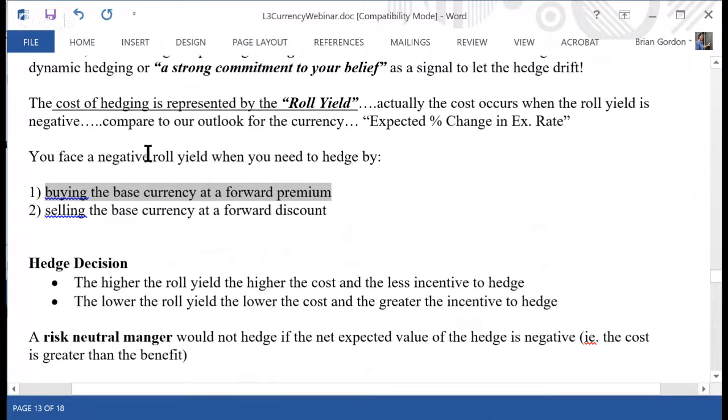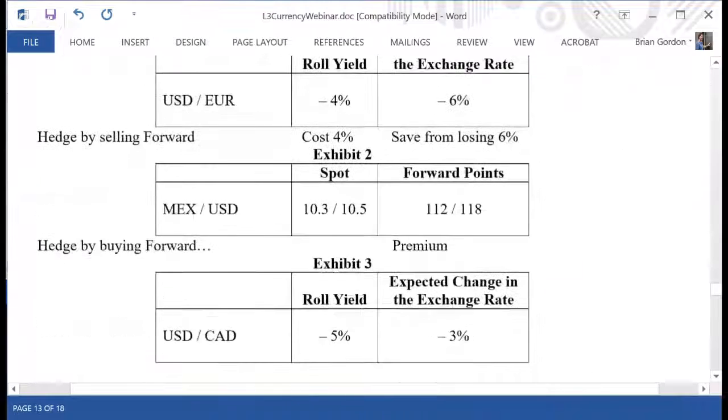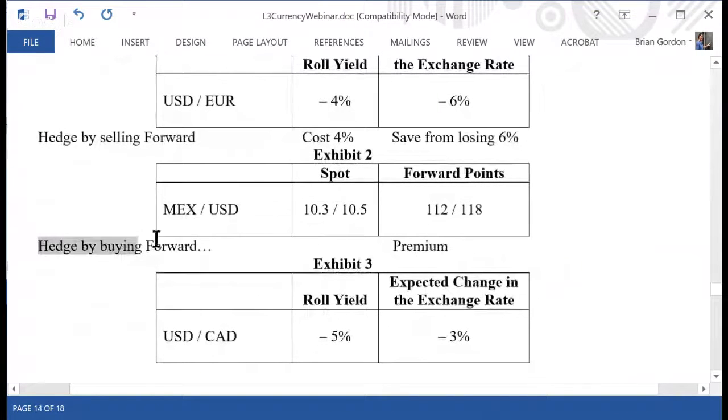So you face a negative roll yield when you're buying the base currency, and the base currency is trading at a forward premium. Let me show you how to recognize that. We are hedging by buying the base currency forward, the US dollar, and the US dollar is trading at a forward premium. We know the roll yield is negative.